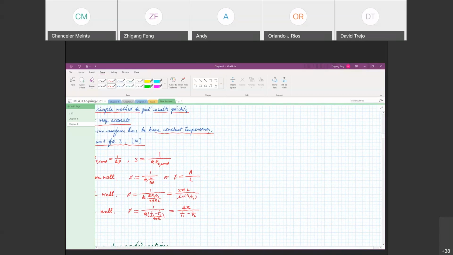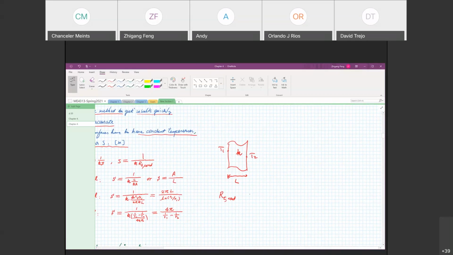For example, if I have a plane wall with T1 on the left, T2 on the right, and the wall has a thickness L, the thermal conductivity is K. So we know the thermal resistance due to the conduction in the wall is equal to L over K multiplied by the cross-section area A. But in terms of shape factor, the conductive resistance is equal to 1 over KS, right?